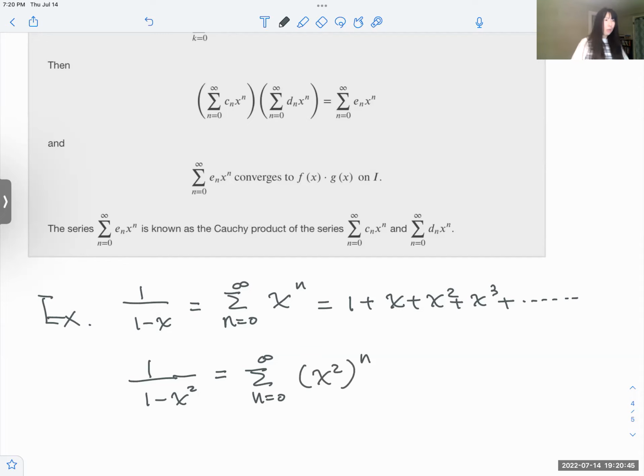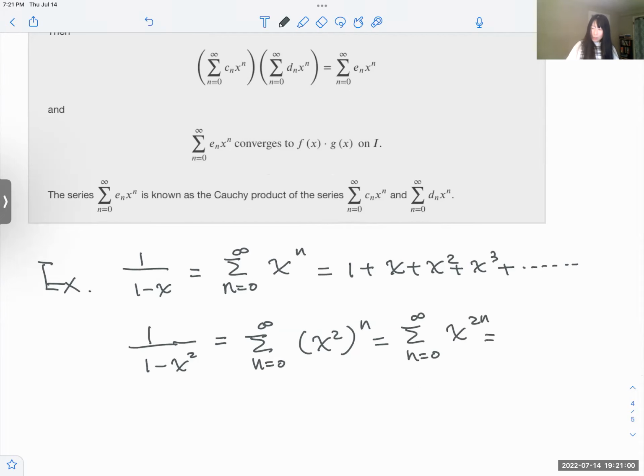Now when n equals 0, we have 1. When n equals 1, we get x squared. When n equals 2, we get x to the 4, and 6, right?